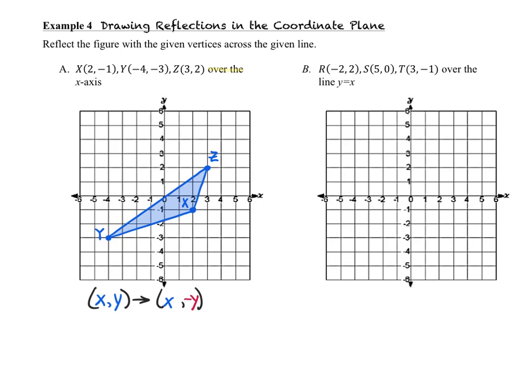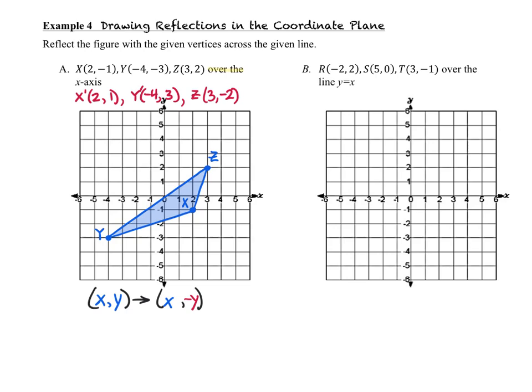So what we're going to do is write down our new points. That mapping rule is guiding us to be able to write down the reflected points' coordinates. So x stays the same, y goes opposite, for each point.